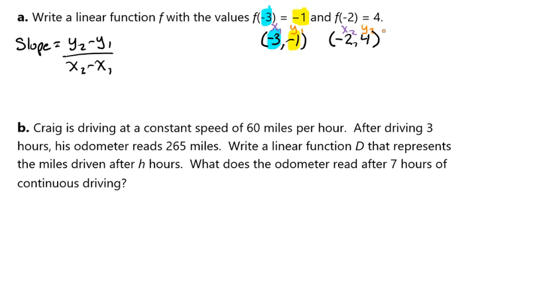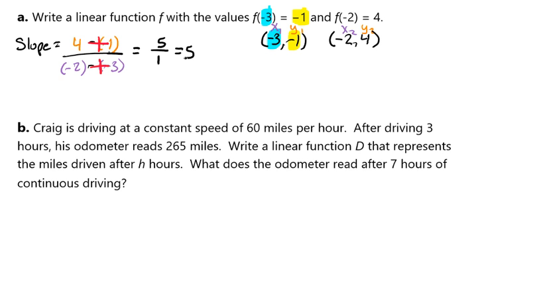So our y2 value is a 4, and our y1 value is a -1. Let's replace our x values. We have an x2 value of -2 and an x1 value of -3. And when we see this, we're like, oh, those double negatives. So we can solve this, and we're going to get 5 over 1. So here we're going to have a slope of 5.